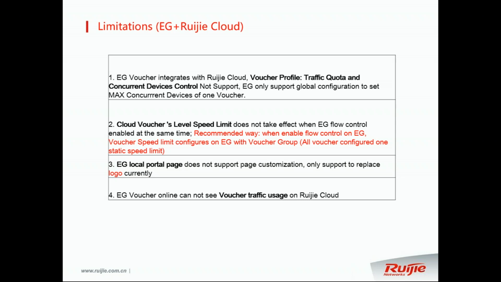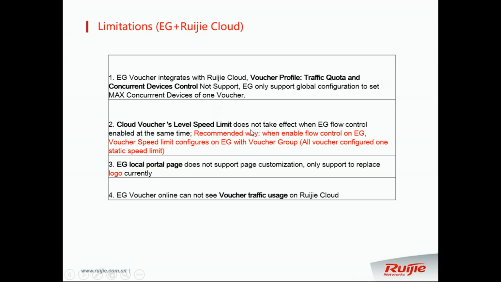For different users it is okay. So this is why, if you enable the local EG flow control policy, then the cloud voucher speed limit will not work. So you must make a choice. Maybe you can disable the EG local flow control, or maybe you can just disable the cloud speed limit. Okay, just choose one of them.